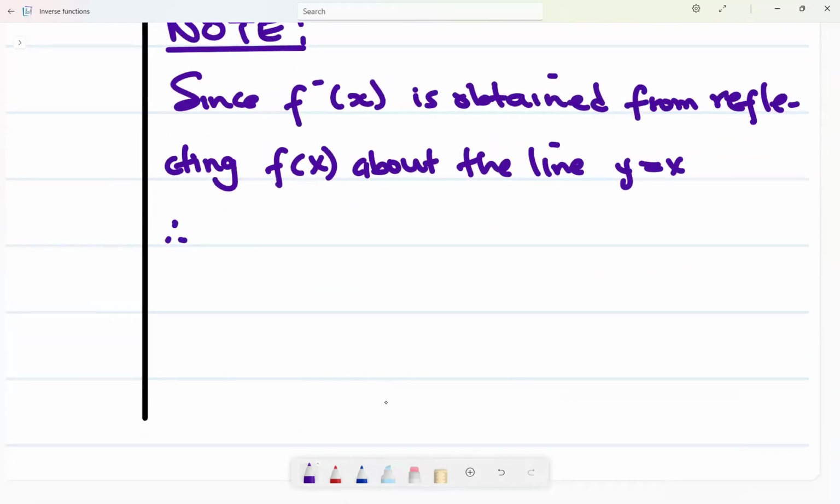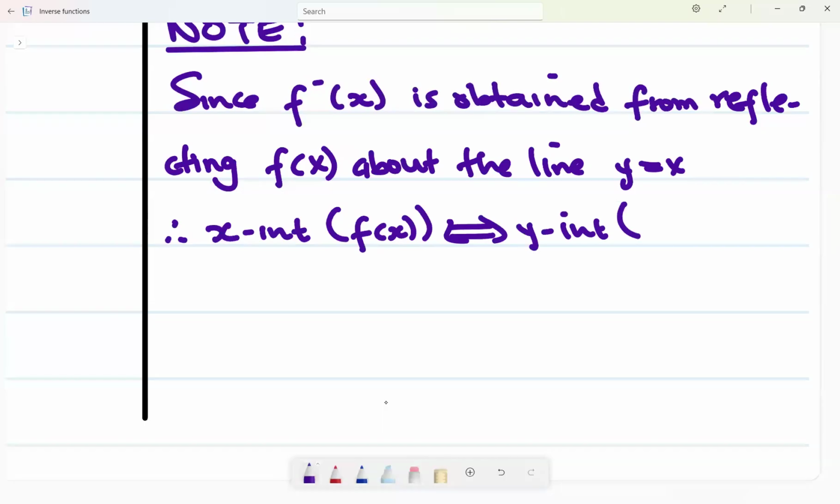Therefore, this tells us that the x-intercept of f of x will be now the y-intercept of the inverse. Why? Because remember they are changing.